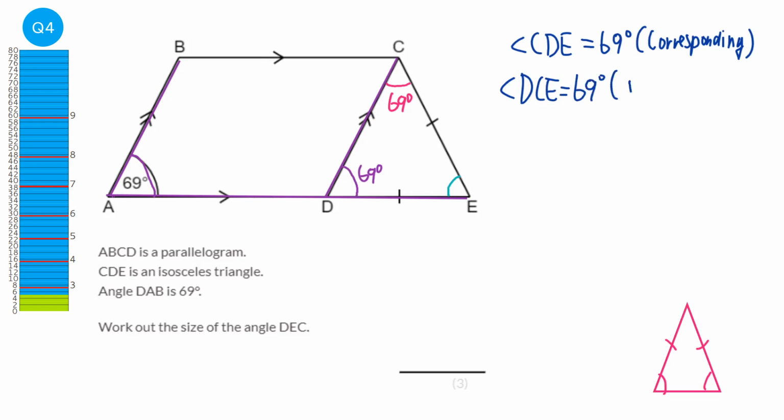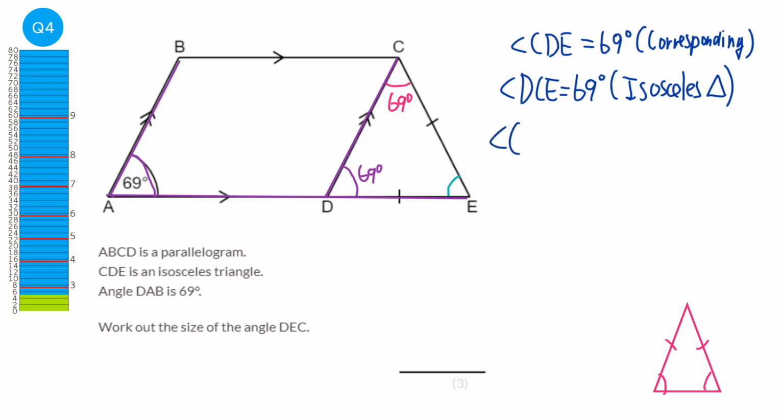And this time it's because it's an isosceles triangle. And finally, we can work out what CED is by taking those away from 180.